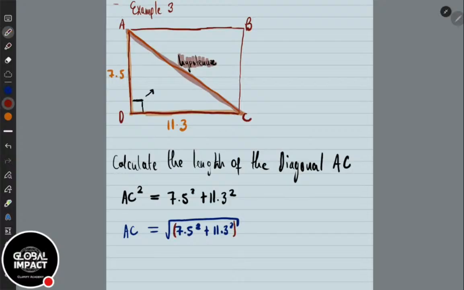Now tell me what answer you get here. If you say open bracket, then 7.5 squared plus 11.3 squared, you close bracket, you say equal to.